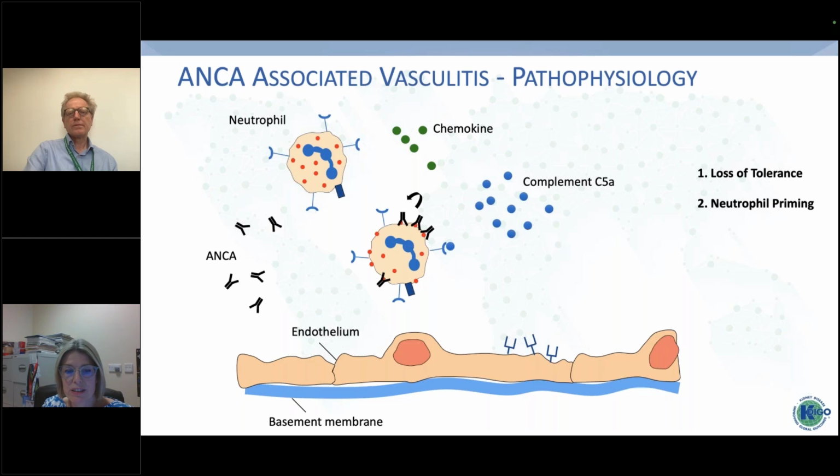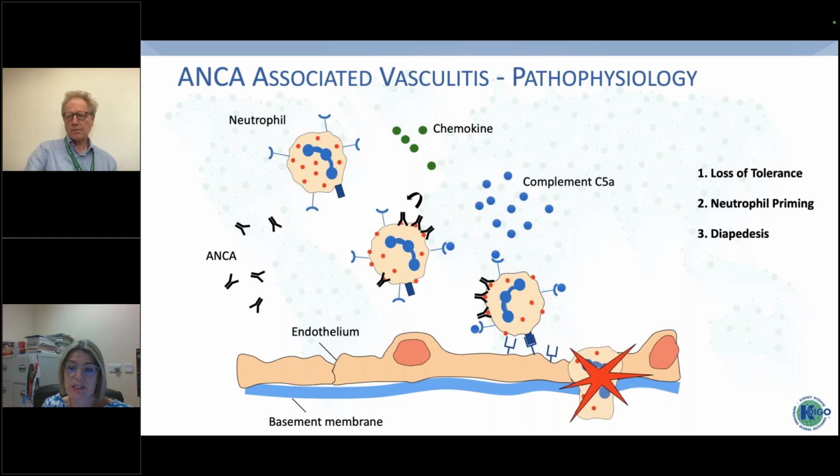More recently, we discovered a second activation step where the anaphylatoxin, complement factor C5a, binds the neutrophil and therefore recruits even more neutrophils to the small vascular bed, attaching to the vessel wall, sequestering, and then NETosing and dying. This is causing the vasculitis.